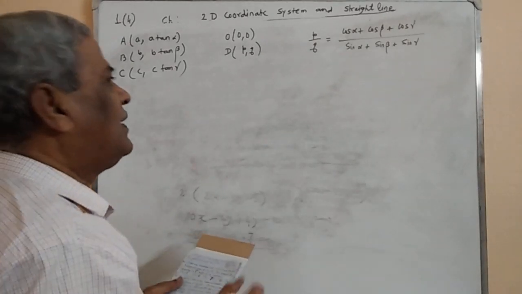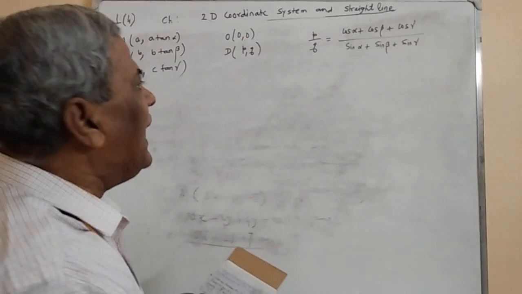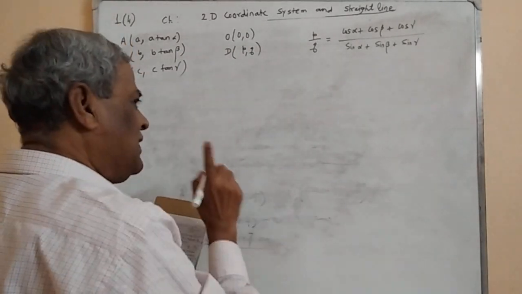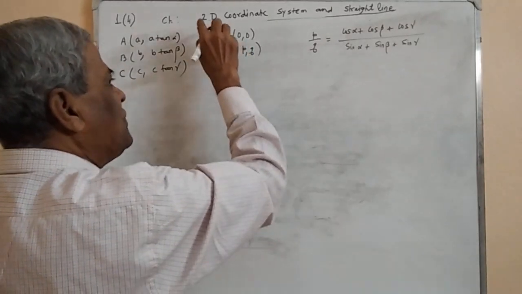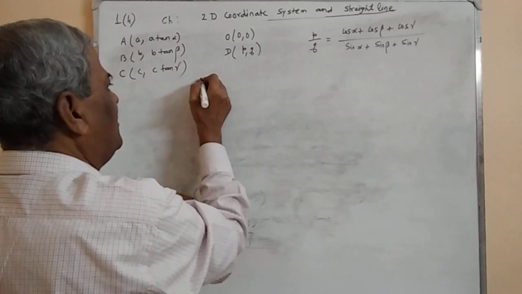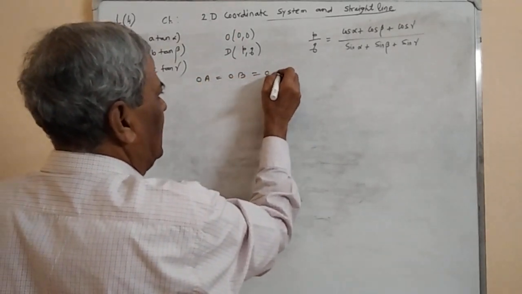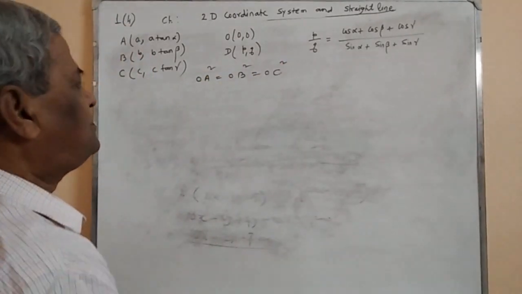So, given that the circumcenter is at 0, 0, the distances from the three vertices to O are the same, that is OA is equal to OB is equal to OC. That is OA square, OB square, OC square.